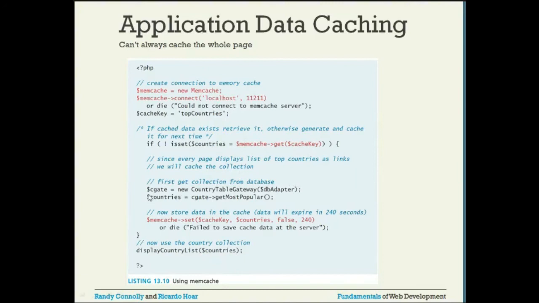How to do that? This is the variable $cgate, which is equal to new country table gateway, and you are passing the adapter. So this is how you will get that particular information. This implementation you can just assume. It will create the object with all the processing inside, with all the countries.